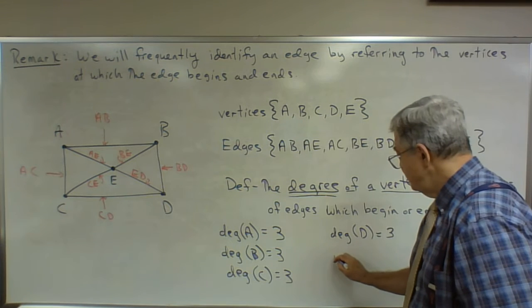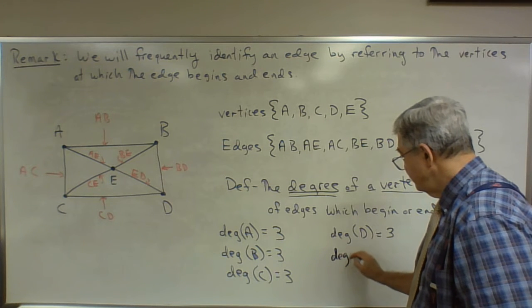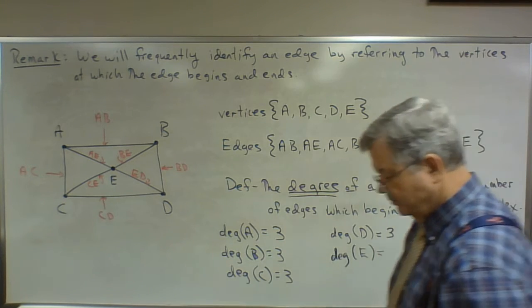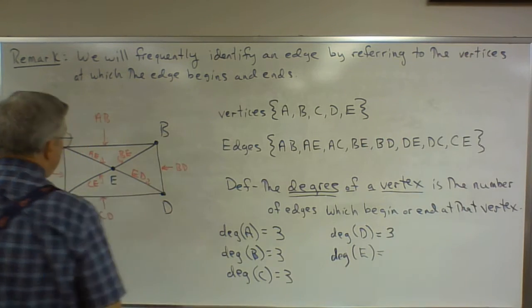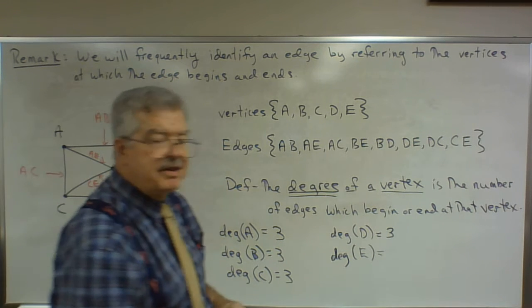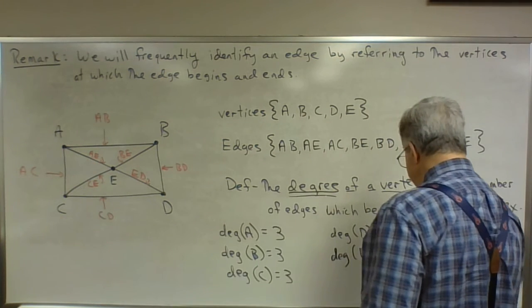Well, let's break up the monotony. What about vertex E? Here we have 1, 2, 3, 4 edges that either leave or begin at vertex E. AE, BE, ED, CE. The degree of vertex E is 4.